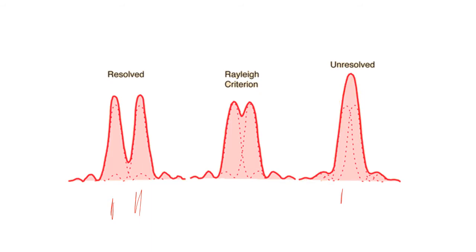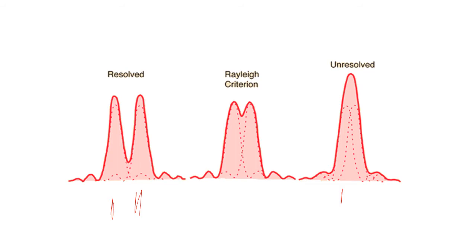The Rayleigh Criterion is the minimum separation in which you can just barely tell that you've got two things, and that it's slightly dimmer between the two. It might not be dark between the two, so you might not get clear separation, but you can barely tell that you've got two sources.